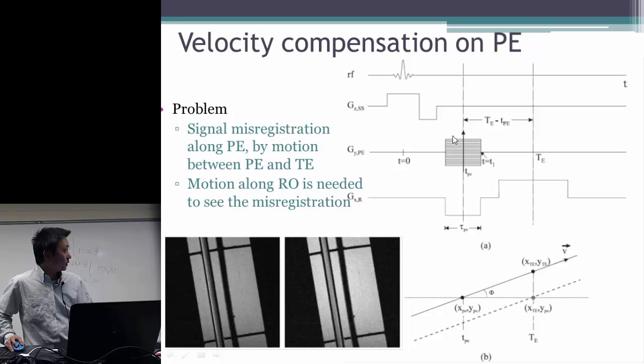So when we do the phase encoding, we encode the spatial information of the moving spin at this instant when we play out the phase encoding gradients.